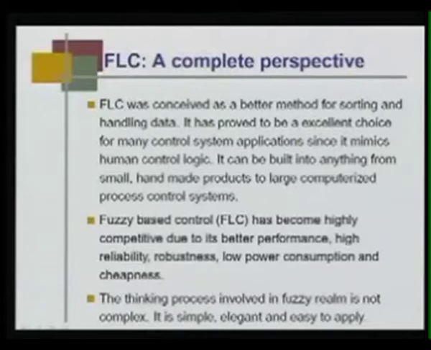So, in general now I would like to turn your attention to why we are doing the fuzzy logic controller. We are doing it because the fuzzy logic controller was conceived as a better method for sorting and handling data. It has proved to be an excellent choice for many control system applications, since it mimics human control logic.